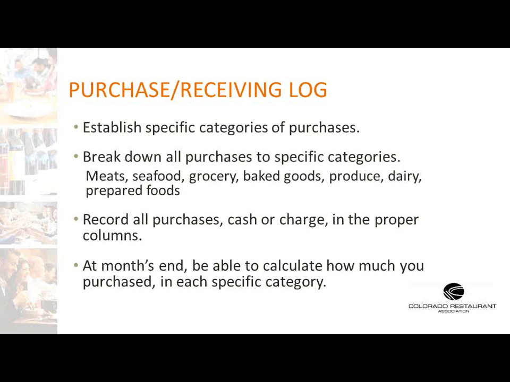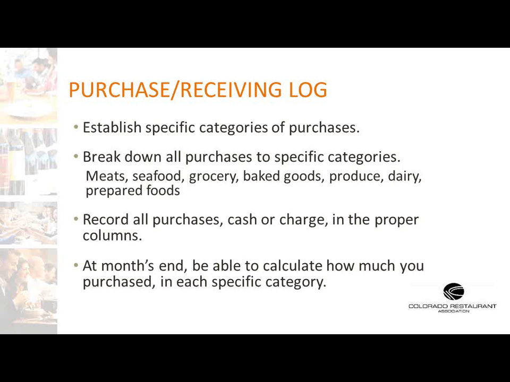How much did we buy last week in meat, fish, groceries, baked goods, produce, dairy? And if we bought beer, wine, alcohol, supplies, let's not mix that up. We're just doing food right now. A purchase or receiving log helps establish the specific categories that we're purchasing.